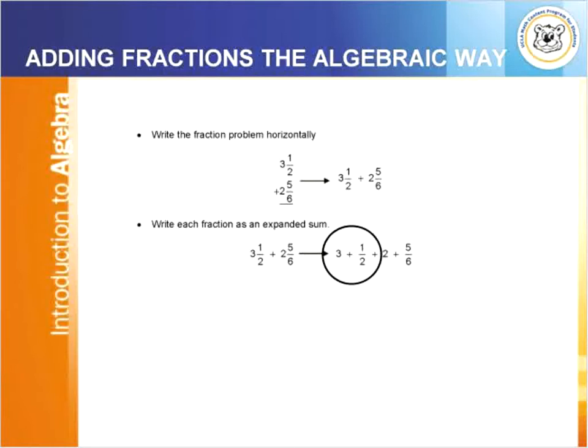I think that's actually a really important piece of this procedure, because students often do not think about the fractions 3 1/2 and 2 5/6 as really the sum of two fractions, 3 plus 1/2 and 2 plus 1/6. One of the reasons this can be confusing for students is that there are multiple ways we write algebraic or numerical expressions where we put two symbols together, but they have different meanings.